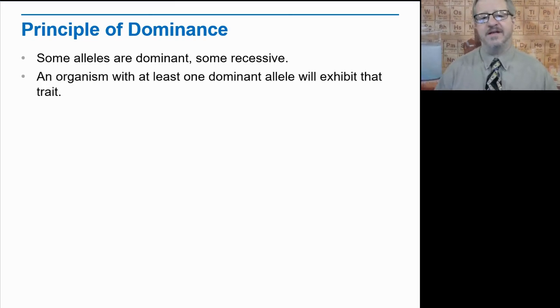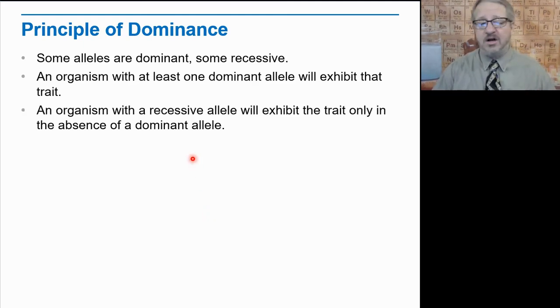Another principle of dominance says that an organism with at least one dominant allele will exhibit that trait. So you're going to find out that there are actually two alleles for each gene. Mendel also determined that an organism with a recessive allele will only exhibit that trait in the absence of a dominant allele. So again, that dominant allele is going to dominate if it is present at all. That's important to know.